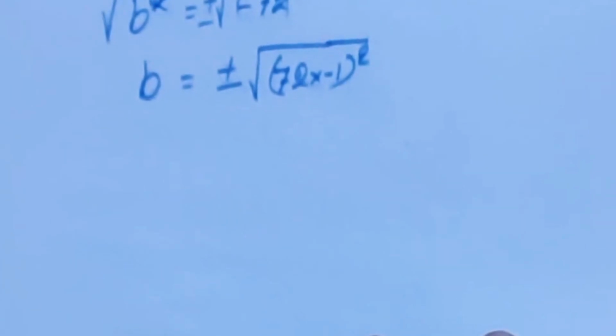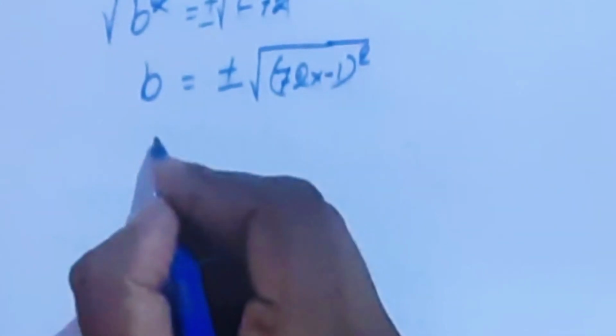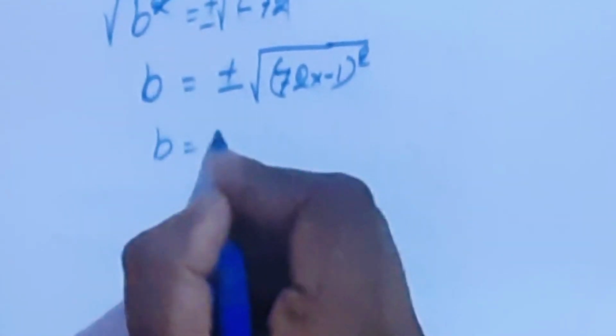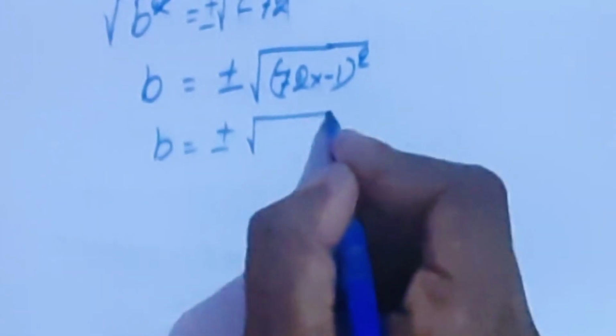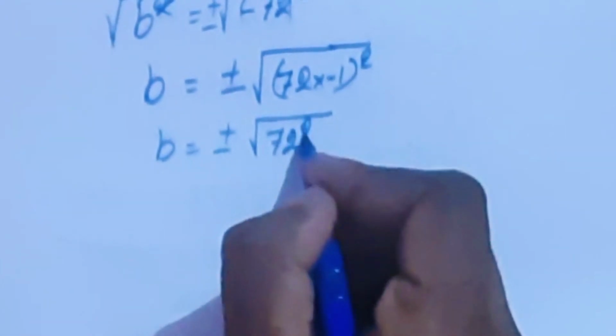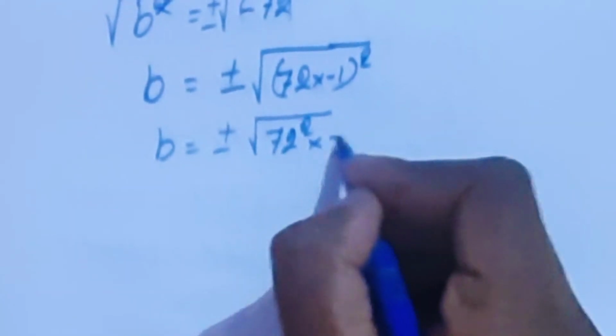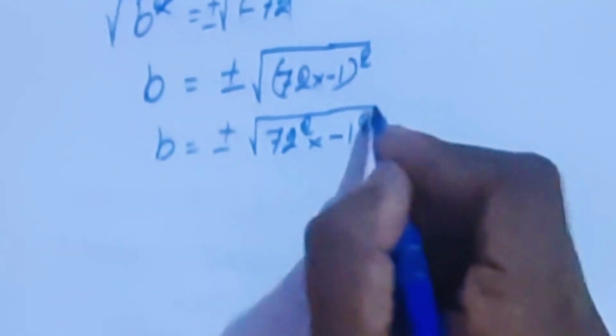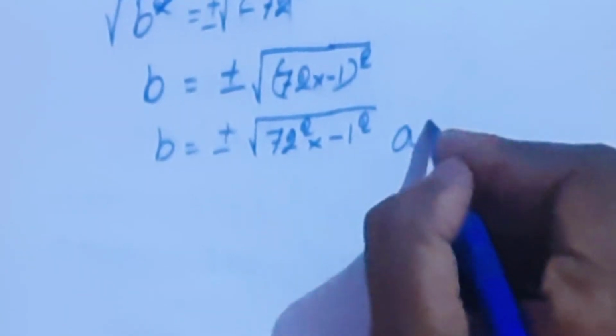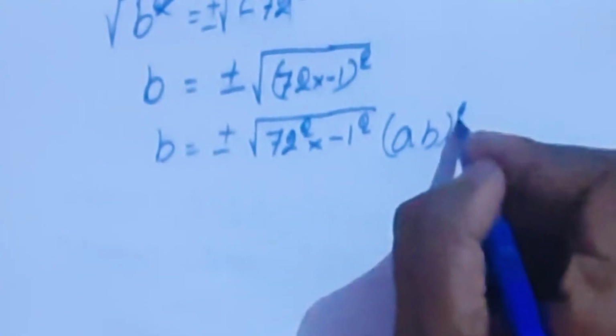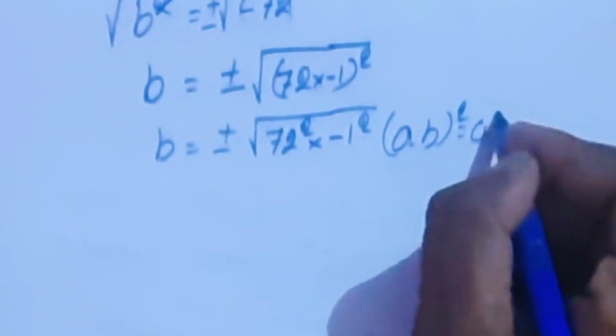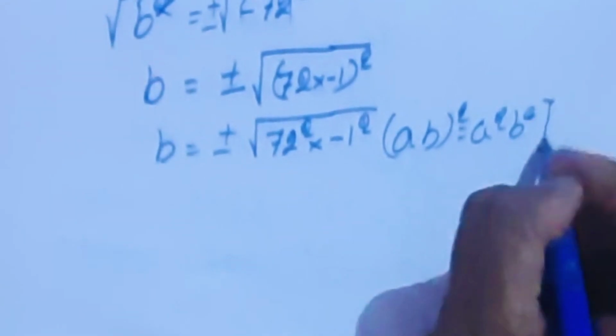Now this can be separated as b equals plus or minus square root of 72 square times minus 1 square, as ab whole square equals a square b square.